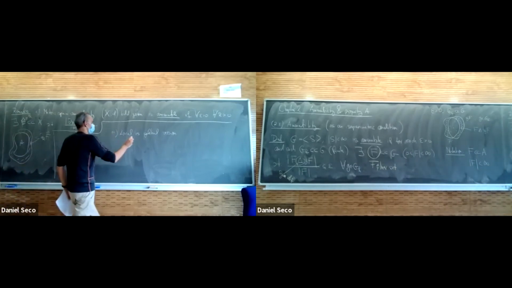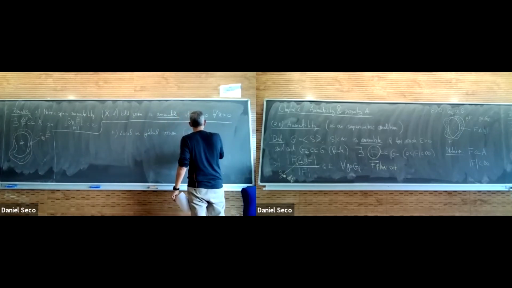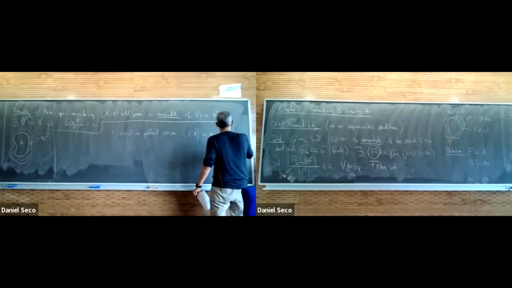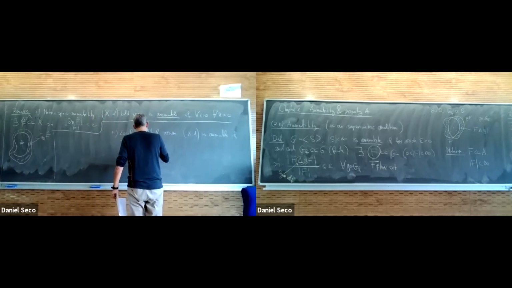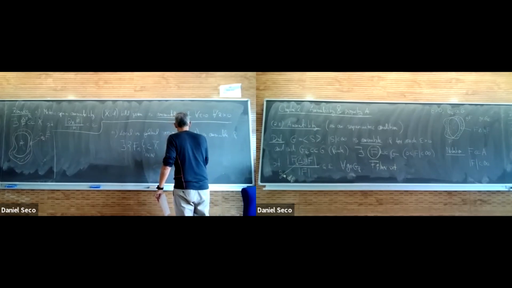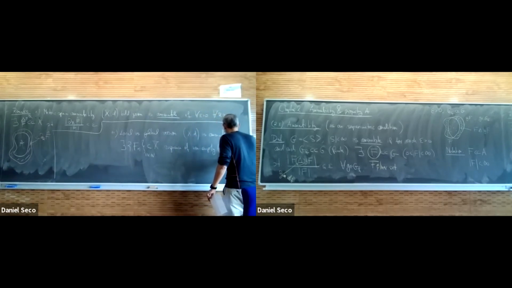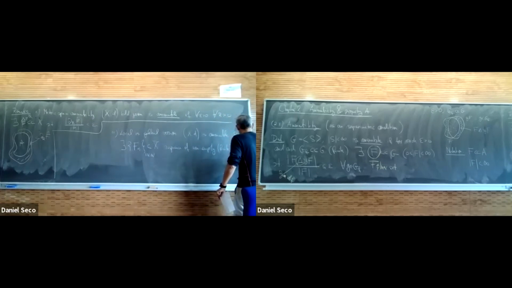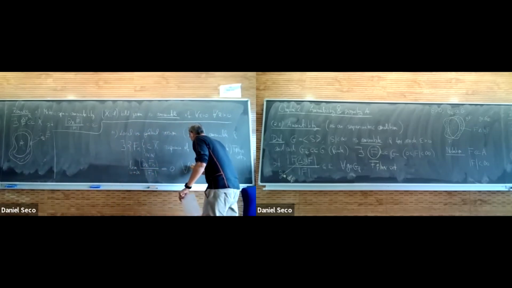So G, or X, is amenable if there exists a sequence of non-empty finite corner sets such that the limit as n goes to infinity of the ratio is 0 for all r.